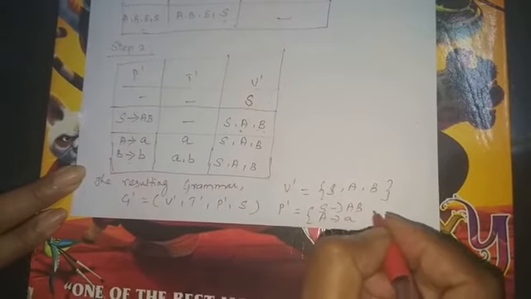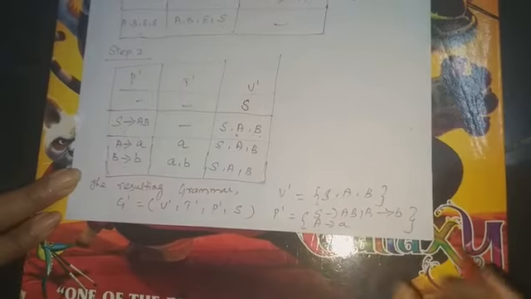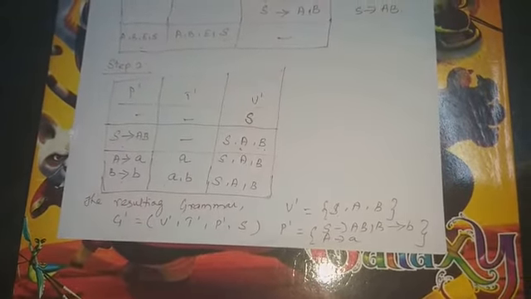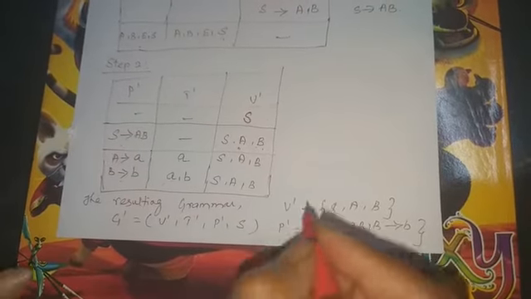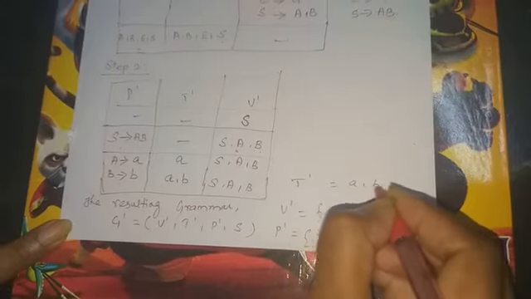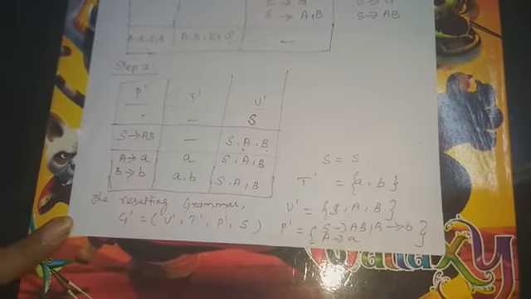P dash is, you got S implies AB, A implies A, and B implies B. And T dash, what is T dash? T dash is A, B. Your S is your S. Okay, so this is the resulting grammar.